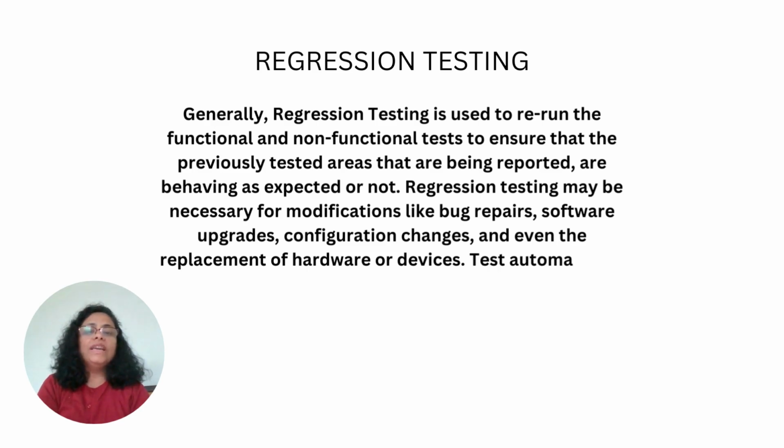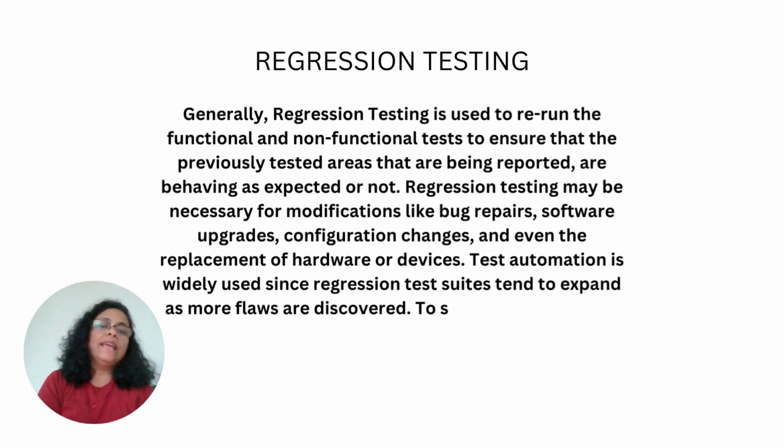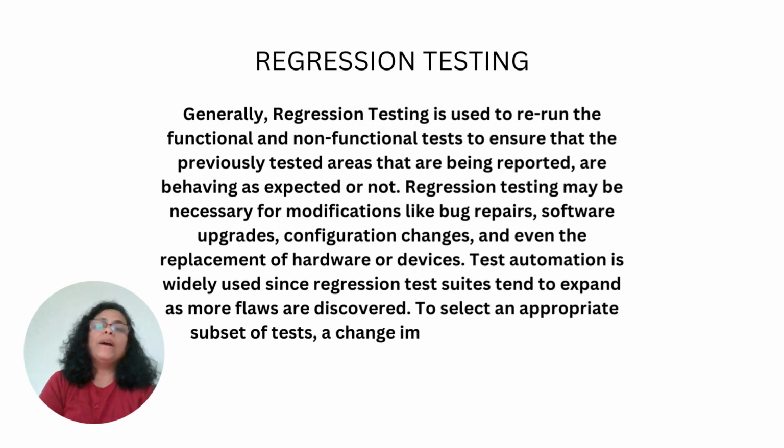Test automation is widely used since regression test suites tend to expand as more flaws are discovered. To select an appropriate subset of tests, a change impact analysis may be conducted.